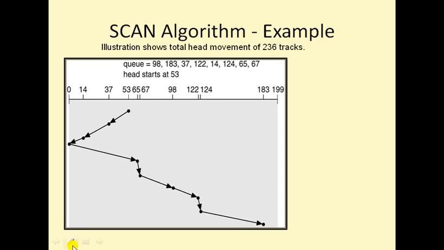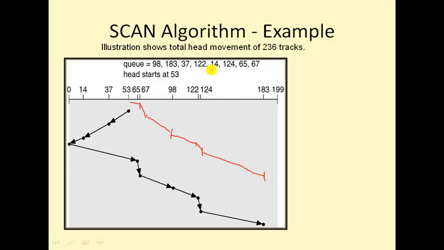Suppose I am at 53. Instead of choosing the left direction, if I choose the right direction from 53, where should I go? 65. From 65, 67. From 67, 98. From 98, 122. From 122, 124. From 124, 183.